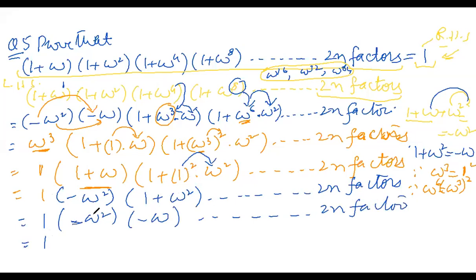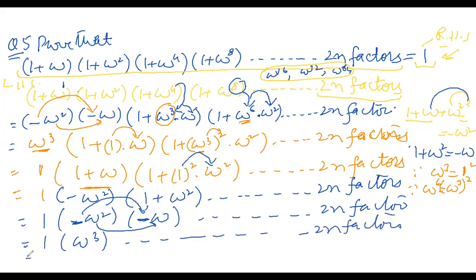Now this minus and this minus will multiply with each other, we will get plus, and omega square into omega will get omega cube, then up to 2n factors. Dear student, as you are familiar, omega cube is equal to 1. So again we can write 2n factors, and by the end we can multiply this value, omega into 1 will get 1, and this is equal to our right hand side.